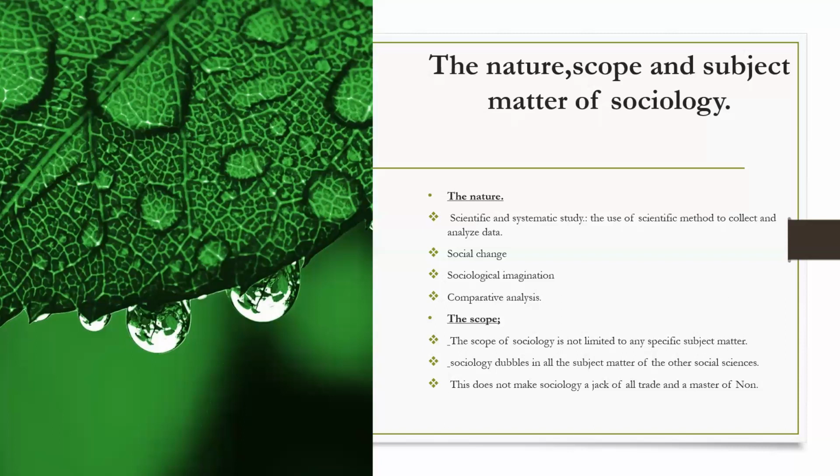The fact that sociology dabbles in all the subject matter of the social sciences does not mean that sociology is a jack of all trades and a master of none. So if sociology is not a jack of all trades and a master of none, then what is actually the subject matter of sociology?